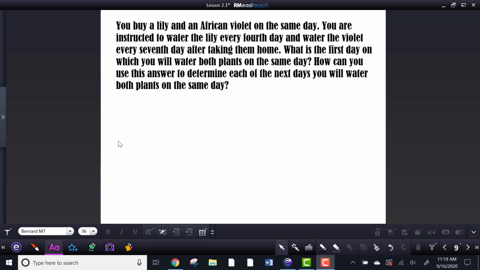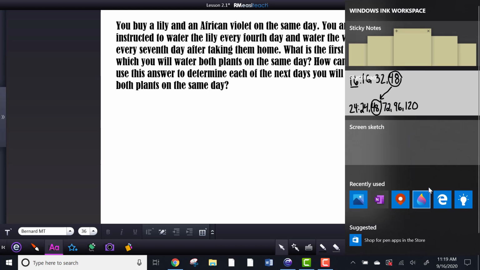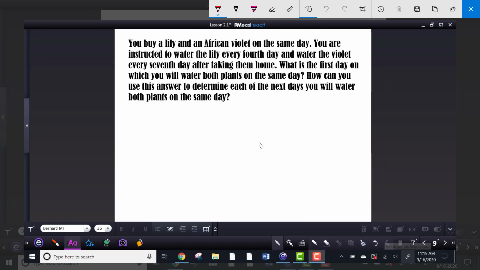And how can you use this answer to determine each of the next days you will water both plants on the same day? So let's take a look at this. The first step is to look at a couple of key things. We have the fourth day and the seventh day. So our first step is trying to figure out the least common multiple of 4 and 7.